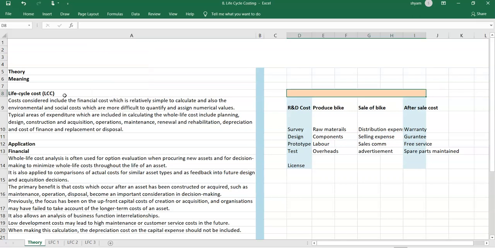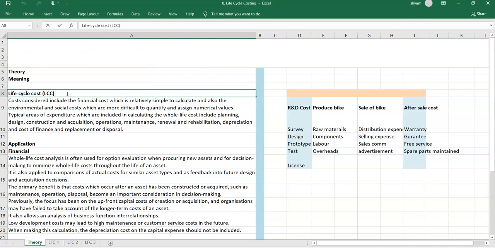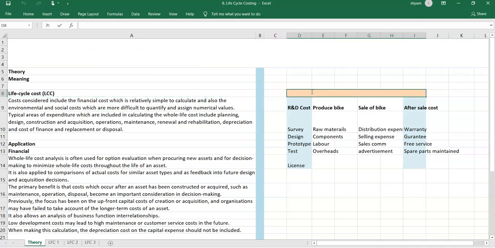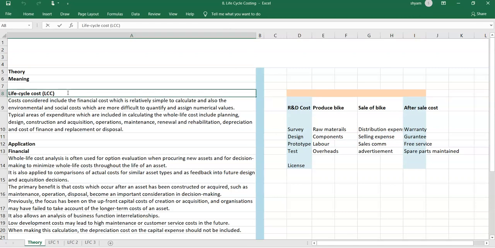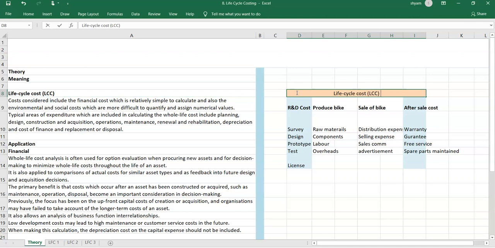So that is where you have this concept, and that is the usefulness of life cycle costing.